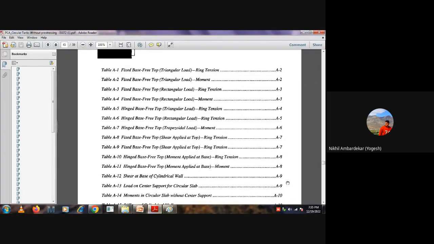At both cases, the water pressure or soil pressure will be the same. But based on the support condition, your pattern of bending will change, and based on that, the bending moment numbers will also change.